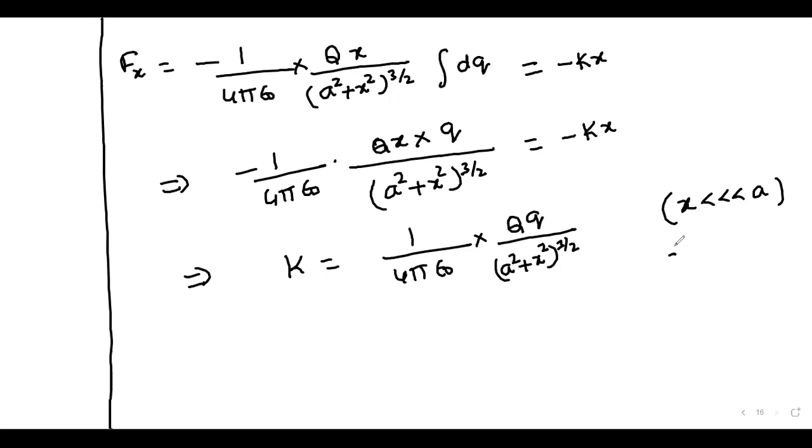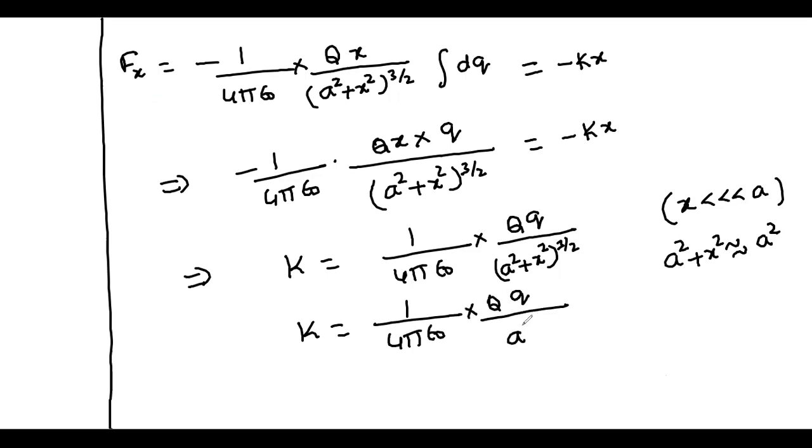So a square plus x square will be approximately equal to a square. So k equal to 1 by 4 pi epsilon naught capital Q small q by a cube.